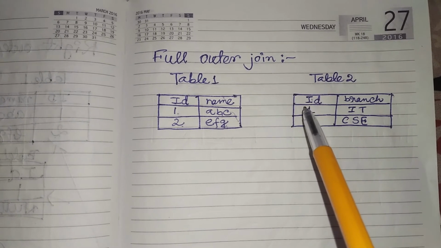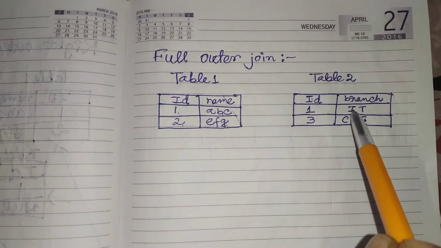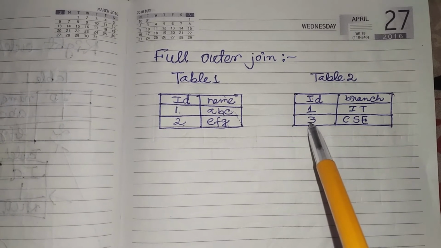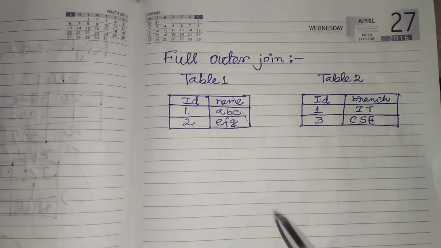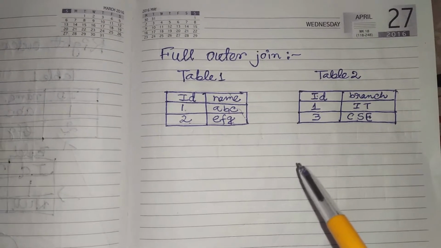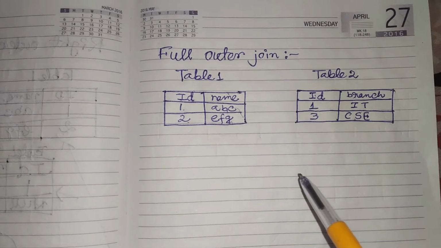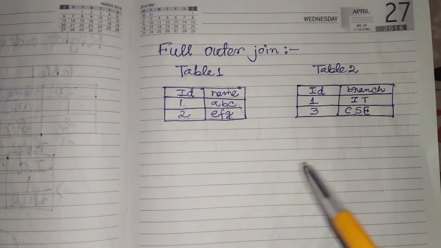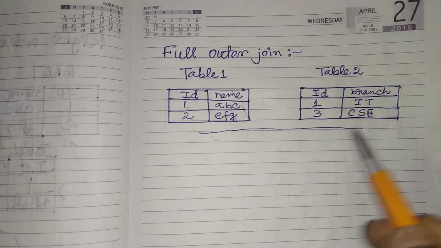Table 2 has entries 1 and IT at row 1, and 3 and CSC at row 2. As full outer join is the combination of inner join, left outer join and right outer join, the final output is like that.